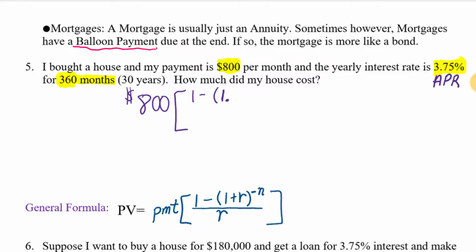We need to convert that into a monthly interest rate. So we have to divide that by 12. In your calculator, first convert it to a decimal, which would be 0.0375. Divide that by 12, right? The interest rate we'll use in the formula is 0.003125.